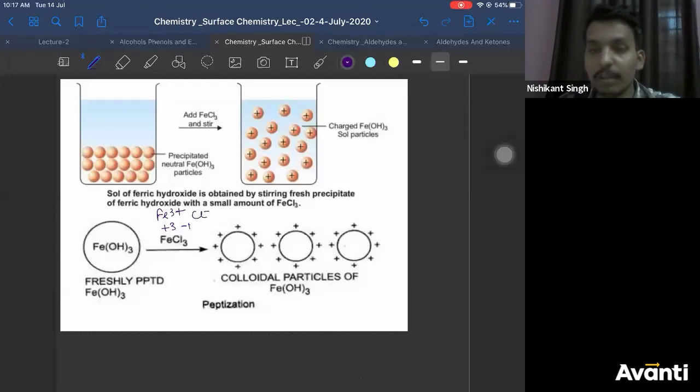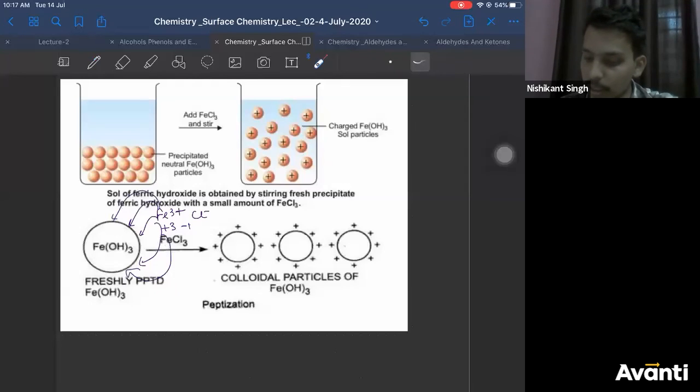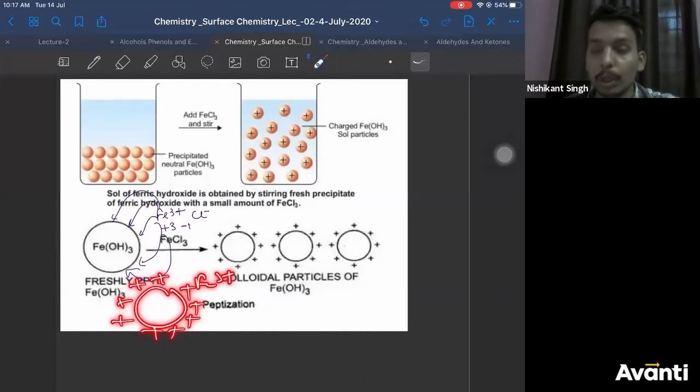So FeOH3 will preferentially adsorb Fe3 plus ions on its surface, due to which FeOH3 will become what charge? It will become positively charged, right? Due to Fe3 plus ion. So now, due to these positive ions, they will pull the precipitate towards them.